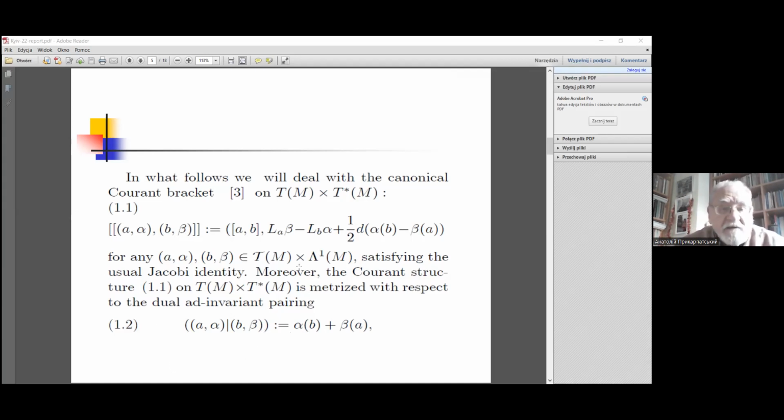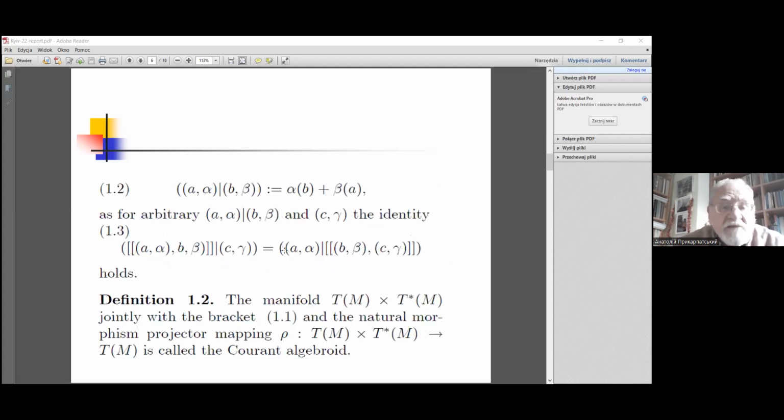In addition, on this vector bundle TM multiplied by T star M, the tangent and cotangent spaces, we can find that this construction as a whole is metrized with respect to the following dual invariant pairing. So this means that the following identity holds. This is the standard ad-invariance of this bracket.